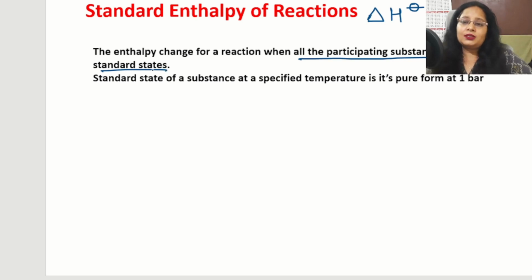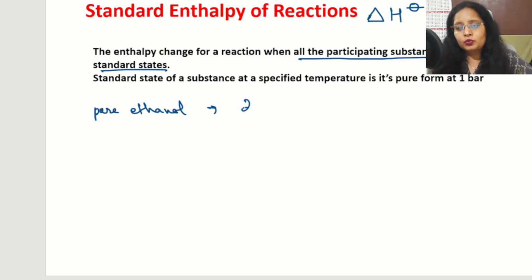Same thing, enthalpy change in the reaction, but here the substances, meaning reactants and products, should be in standard state. Standard state means its purest form at 298 Kelvin and 1 bar pressure. That is called standard state. For example, pure ethanol is at its standard state at 298 Kelvin and 1 bar pressure.